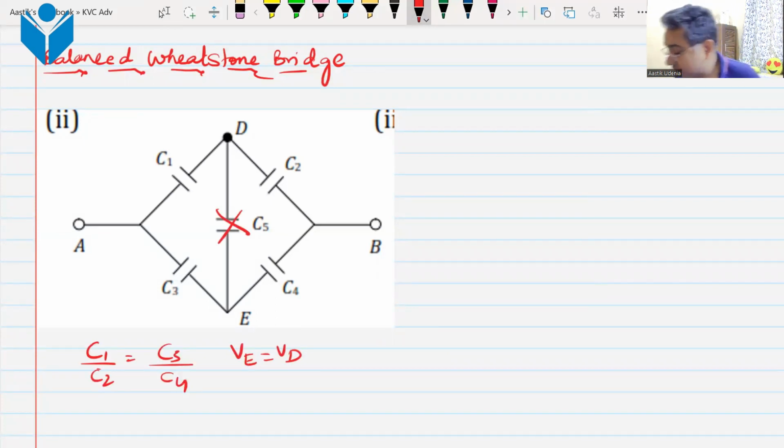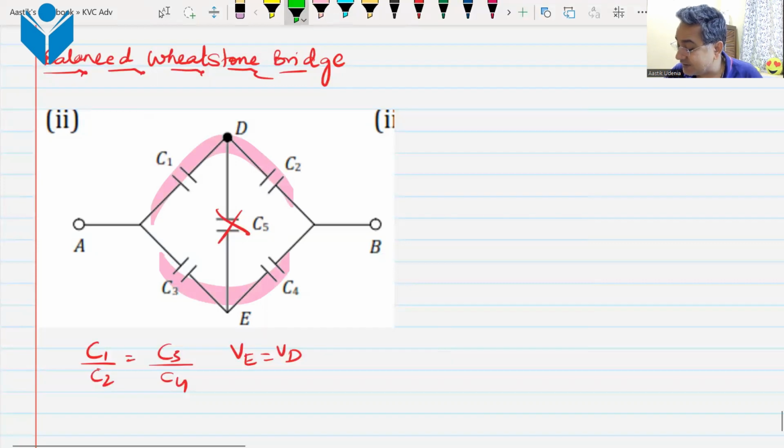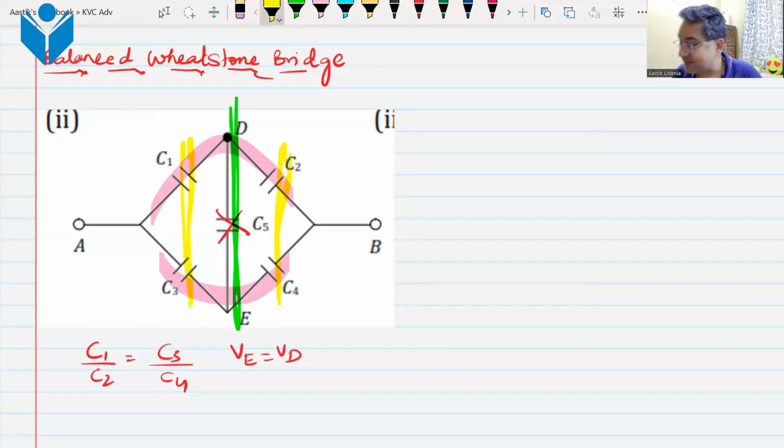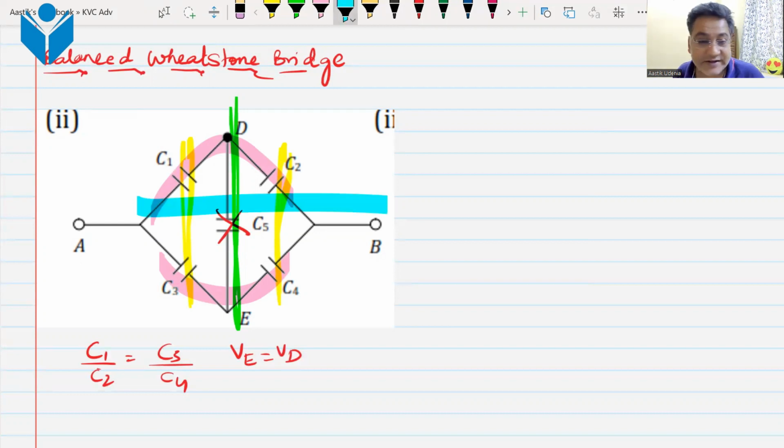Then you can solve this question in different ways. C1 and C2 are in series, C3 and C4 are in series, and then they are in parallel. Do we understand this? Yes, sir. That is one way of solving it. The other way of solving it is you can take C1 and C3 in parallel, C2 and C4 in parallel, and then you can take the combination in series.